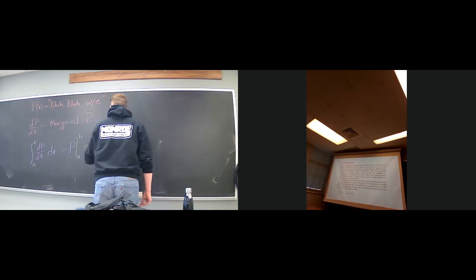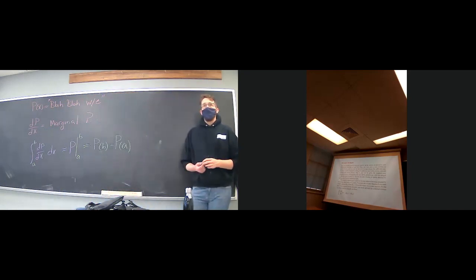And if we add bounds to it, so let's say from A to B, then we get bounds from A to B over here, and that becomes P at B minus P at A. The actual change in profit. So the definite integral of a marginal will tell you what the actual change of that function is from A to B. Make sense what I mean?